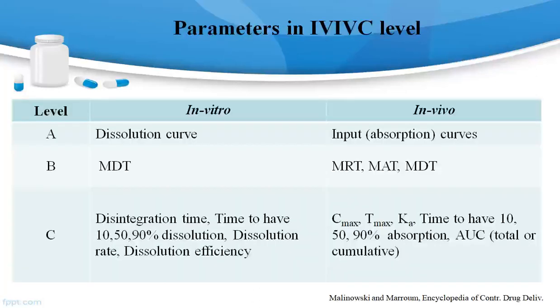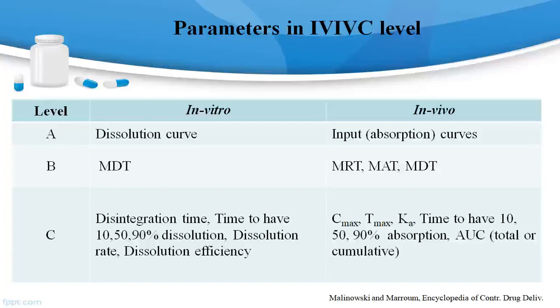The parameters used in in vitro in vivo correlation are, for level A, the in vitro dissolution curve and the in vivo input absorption curve. For level B, in vitro mean dissolution time and in vivo mean residence time, mean absorption time or mean dissolution time.